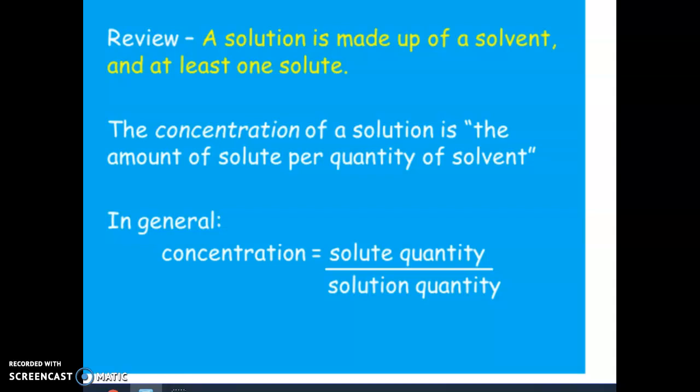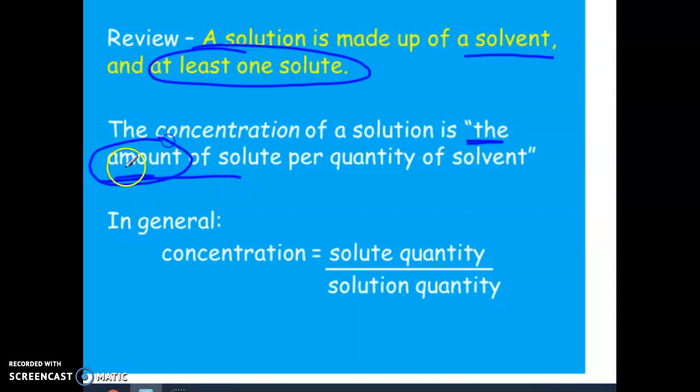So just to recap what we mean when we say concentration or when we say solution, we're referring to a solution as a solvent with at least one solute, right? So it's a mixture. So the concentration is really a relationship between the amount of solute, and that amount can be expressed in different ways, per quantity of solvent in the solution, right?